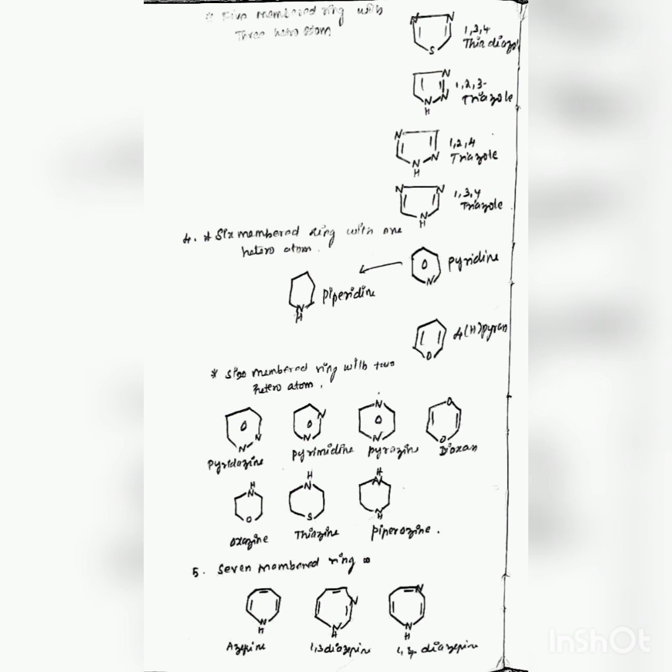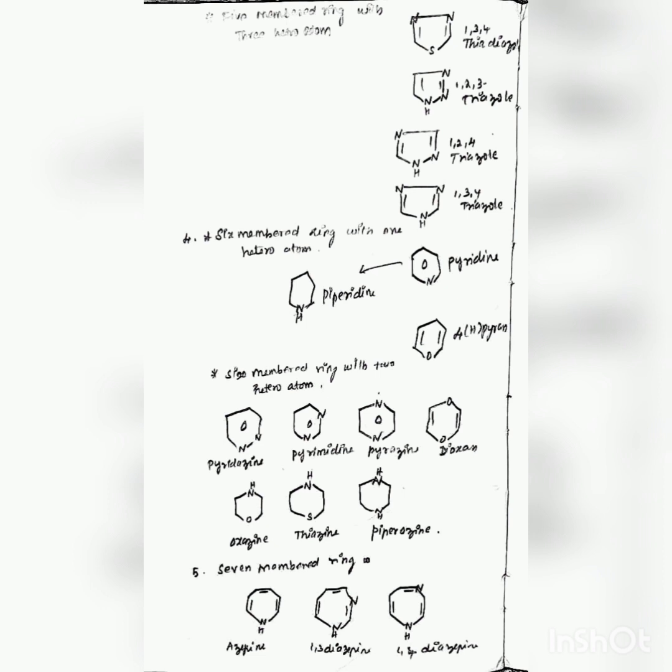So next one is the 6-member ring with two heteroatoms. Here the first example will be pyridazine. In pyridazine, nitrogen atoms are present in the first and second positions. If nitrogen atoms are present in the 1 and 3rd positions, then it is known as pyrimidine. If they are present in the 1 and 4th positions, then it is called pyrazine. Similarly, if oxygen is present in the 1 and 4th positions, it is called dioxane.